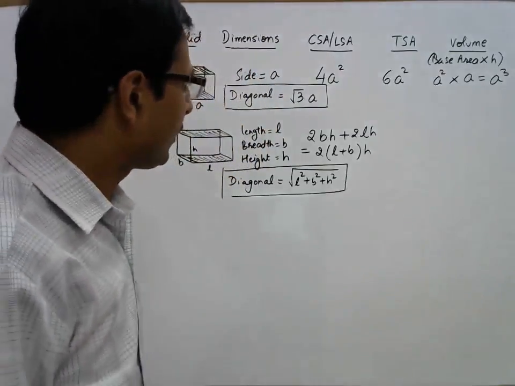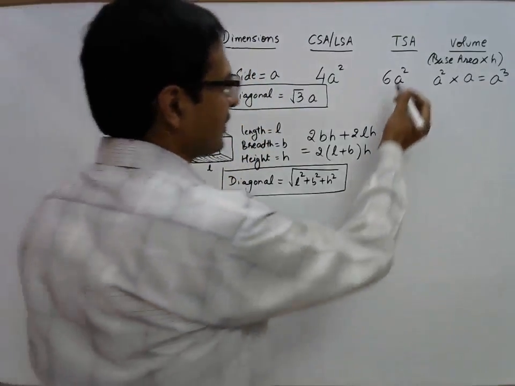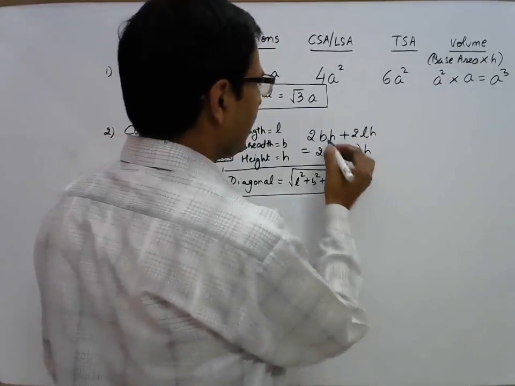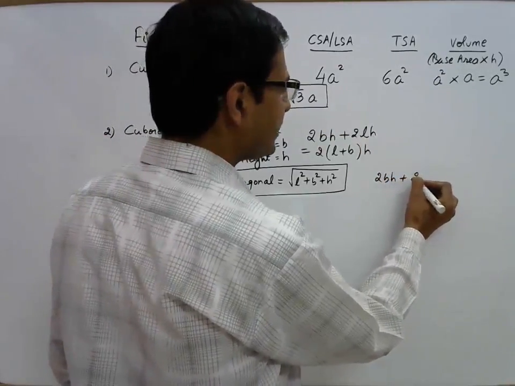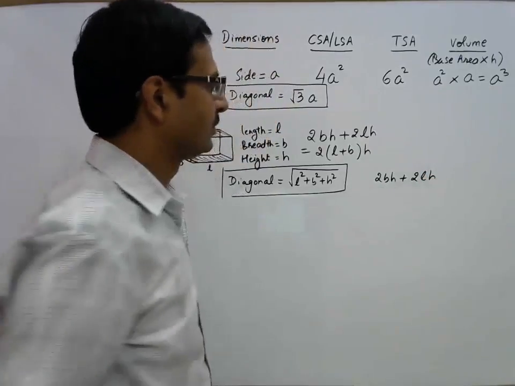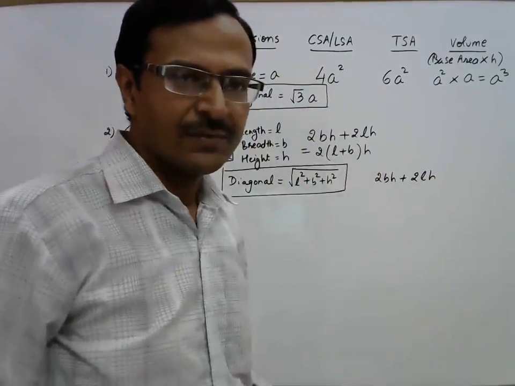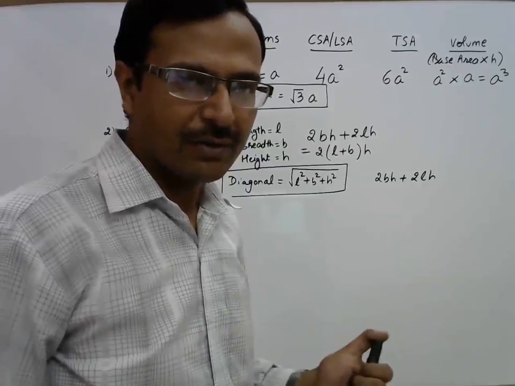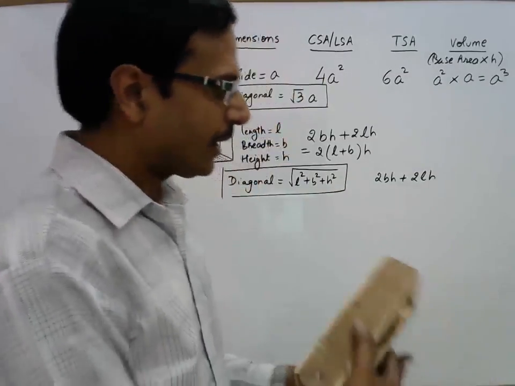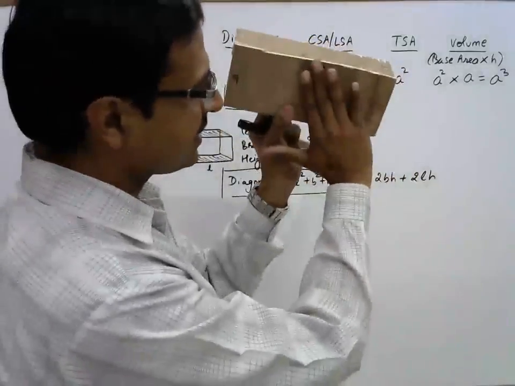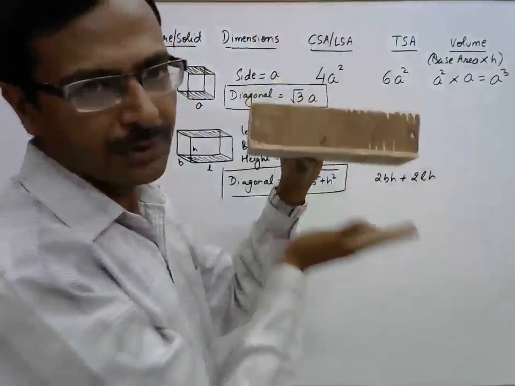Okay. Now for the total surface area. Now see, 2BH and 2LH were already there in the curved surface area. What else do you require for framing the formula? You require the area of the base and the area of the top.